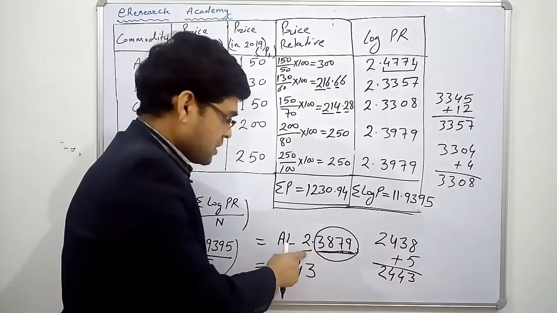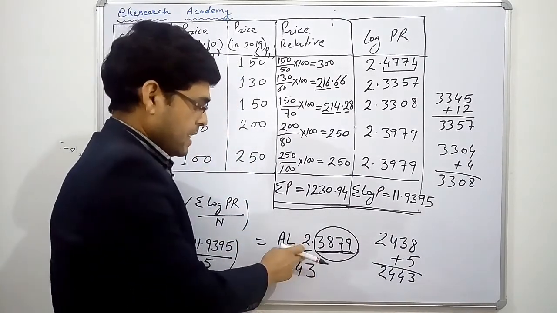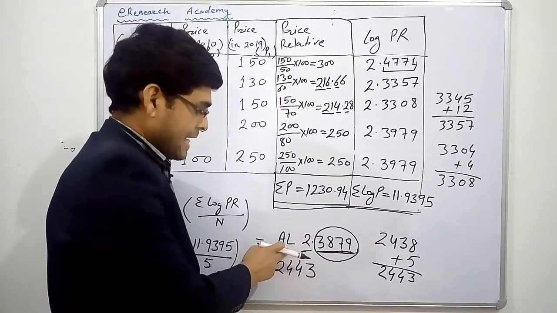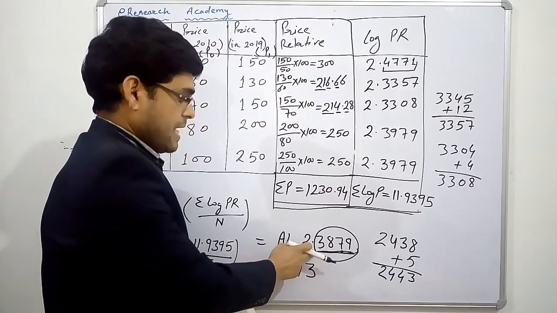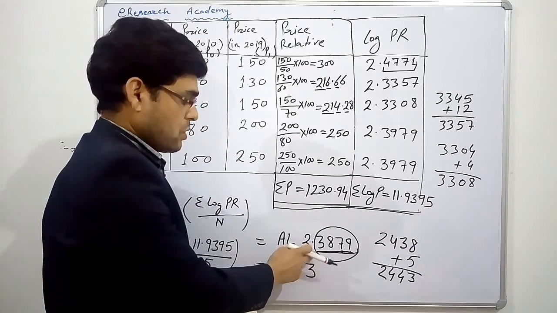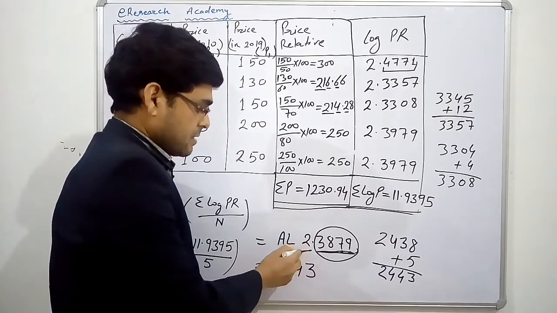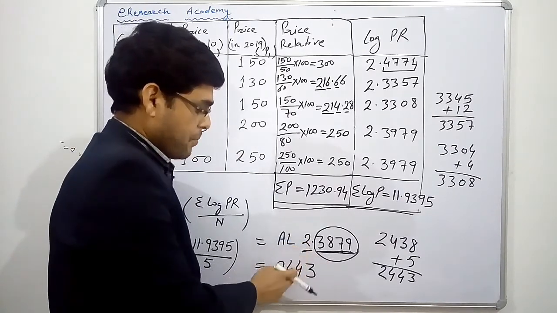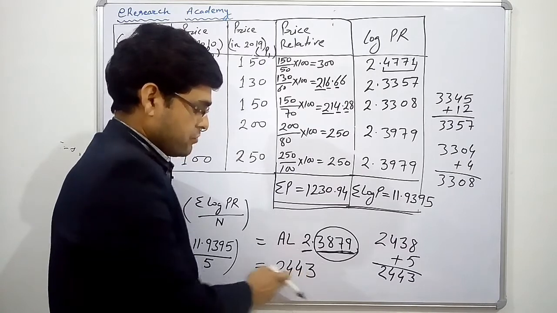Now the role of this 2 starts. While getting the antilog value, the characteristic plays a role in putting the decimal point in this value.